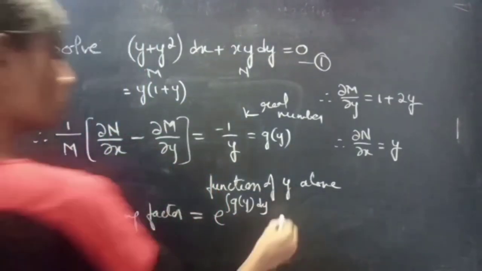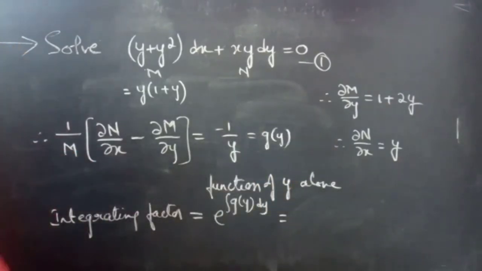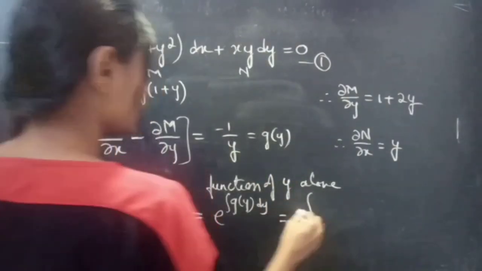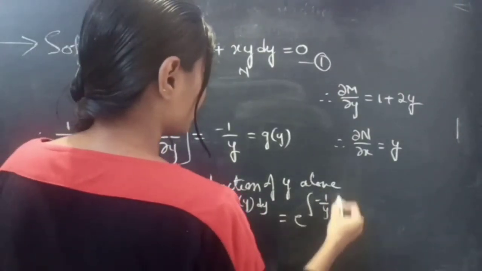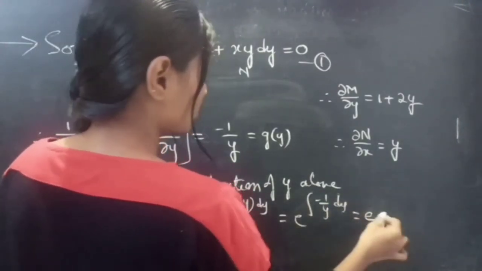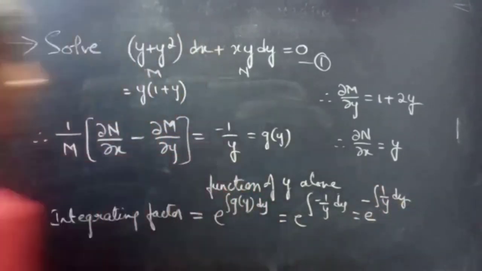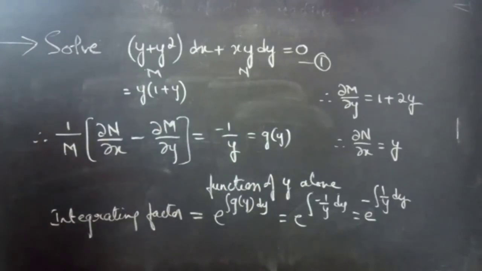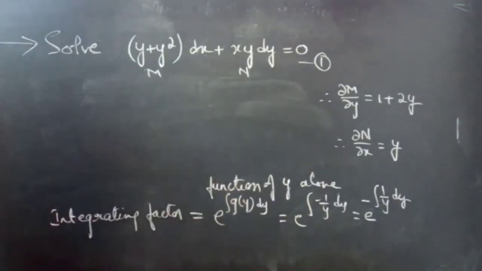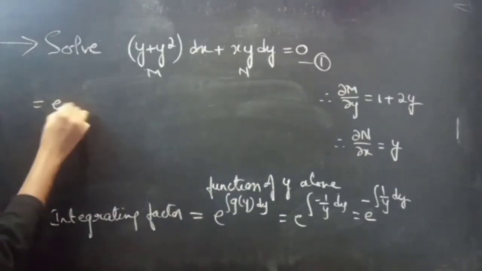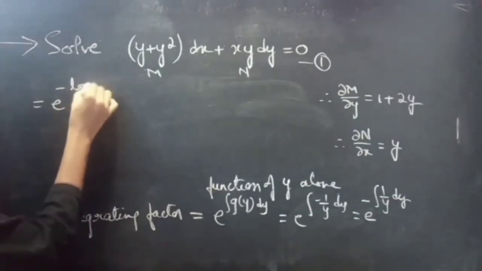So this equals e power integral of g of y, minus 1 by y into dy, equals e power minus integral 1 by y dy, which is e power minus log mod y.